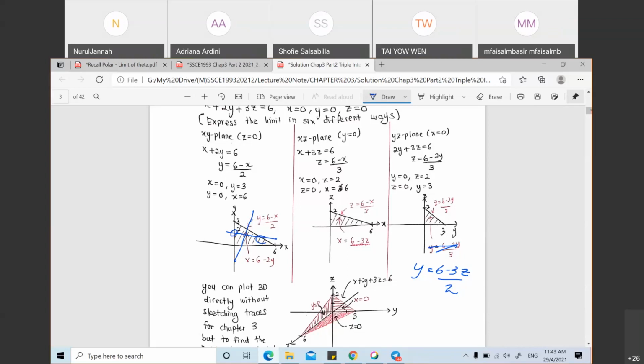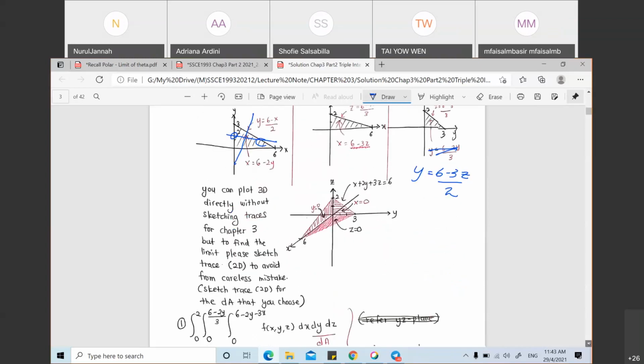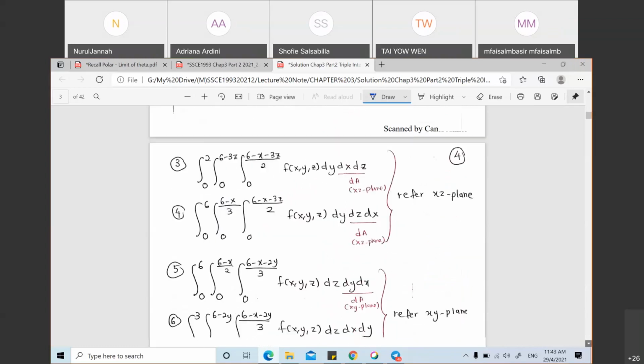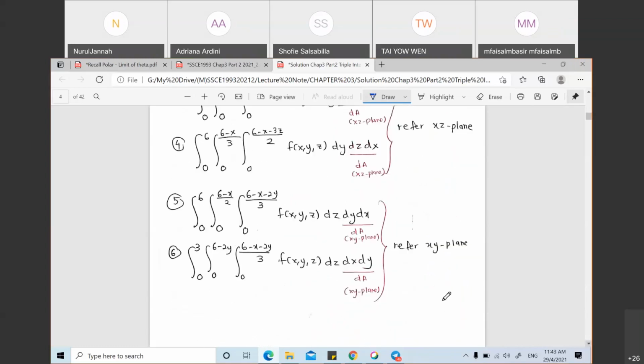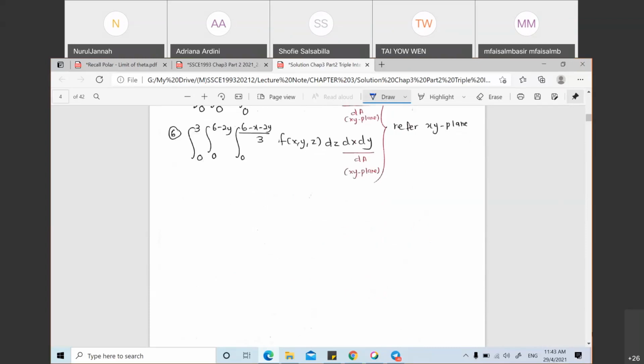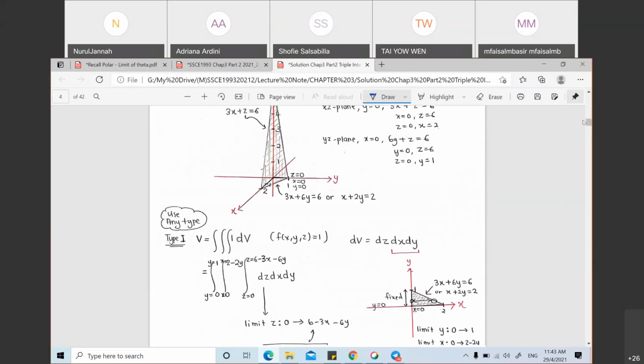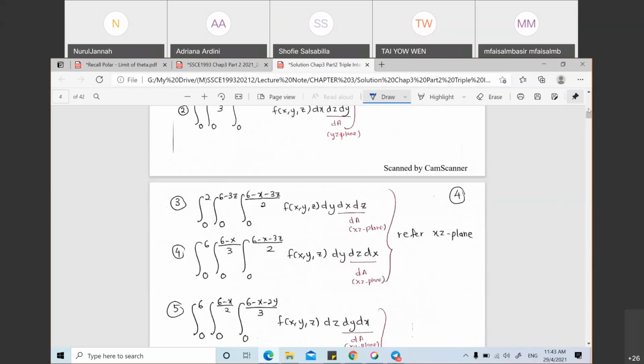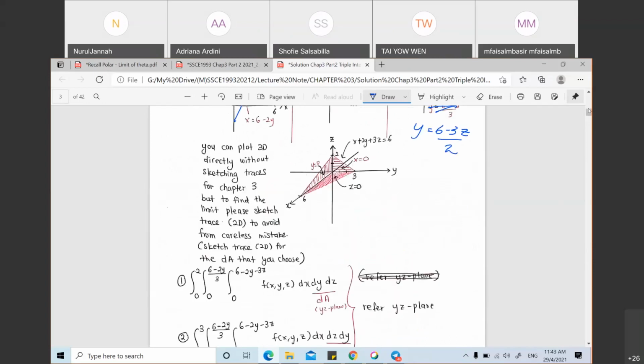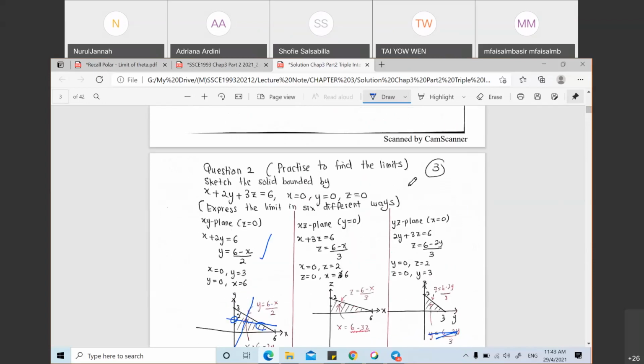Your x should be 0 to 6. Check. 0 to 6. Correct. And y is (6 minus x) over 2. Is it correct? Yes, this.